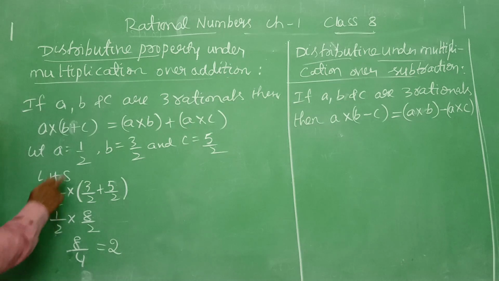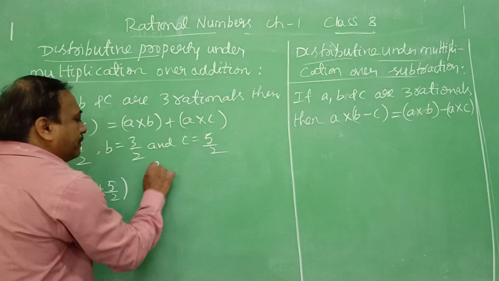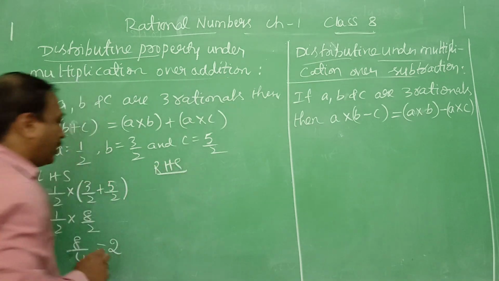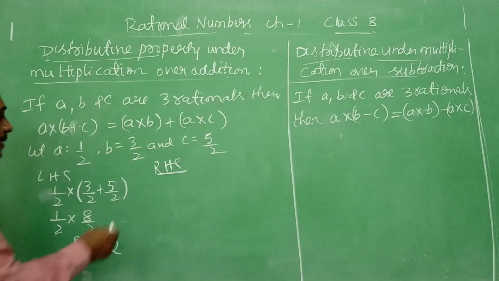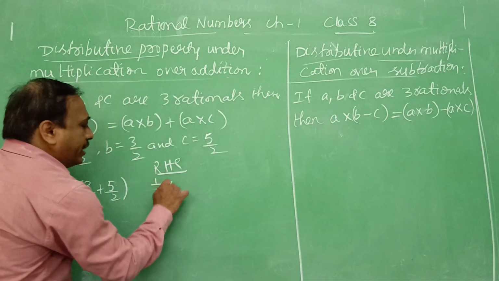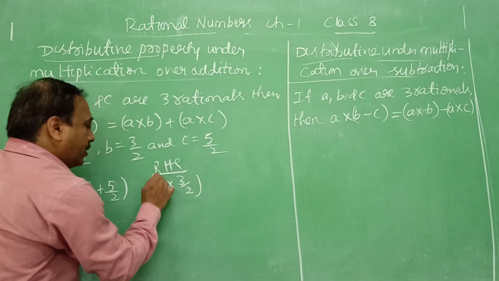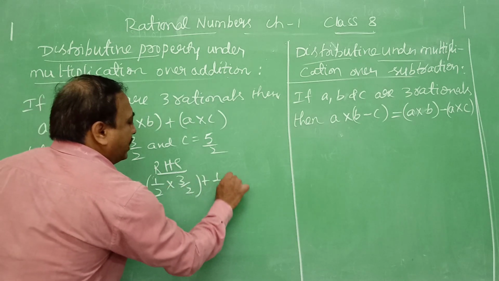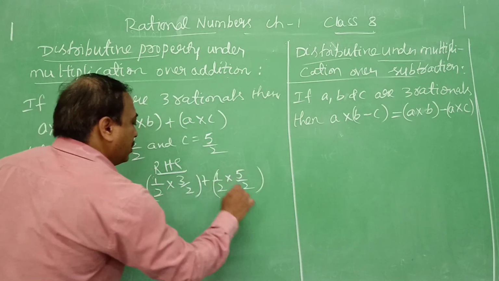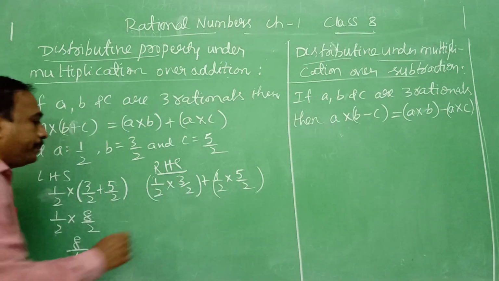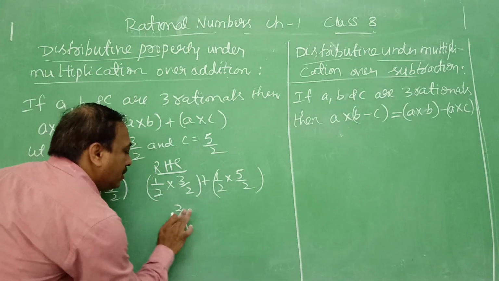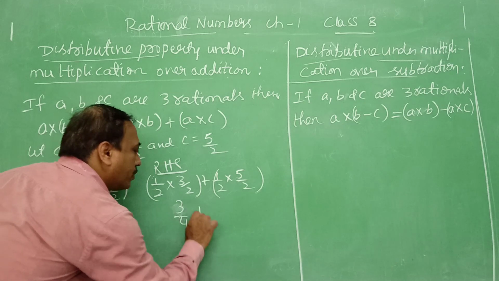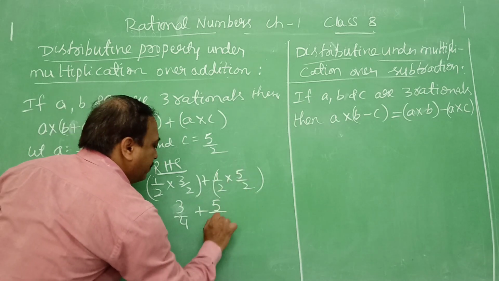This is the LHS part. Now if you simplify the RHS part, what is RHS? A into B, so 1 by 2 into 3 by 2 plus 1 by 2 into 5 by 2. 1 3s are 3, 3 by 4 plus 1 5s are 5 by 4.